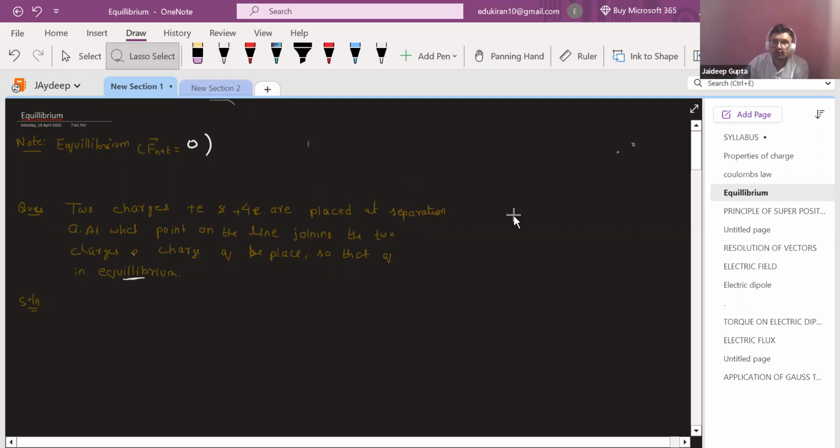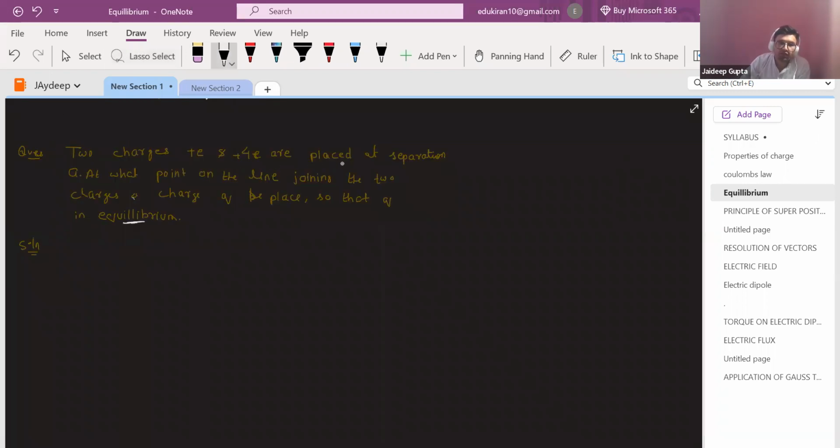Fine. Now start with this question. The question says two charges, E and 4E, are placed at a separation A. At which point on the line joining the charges should we place a charge so that they are in equilibrium?